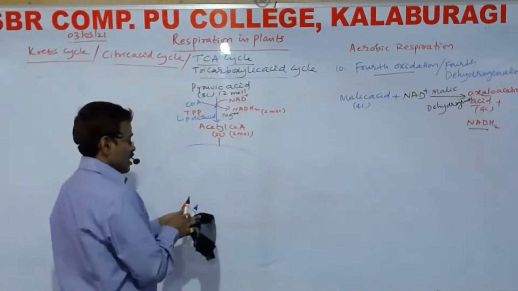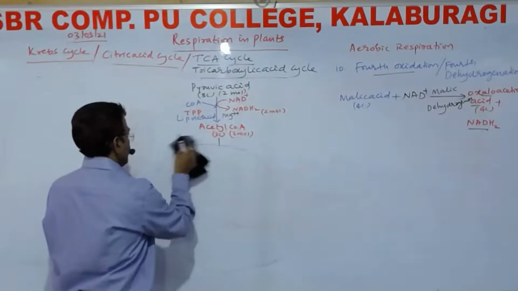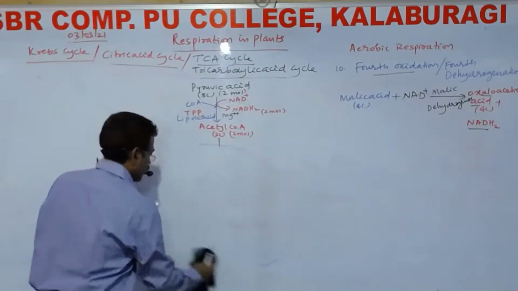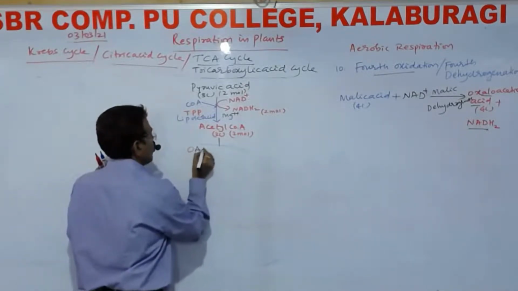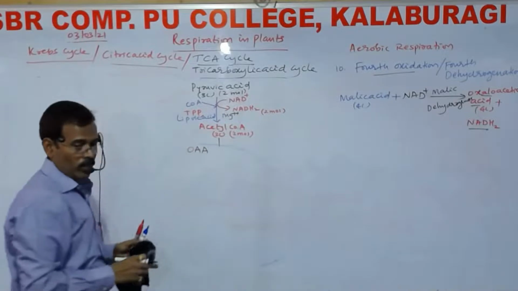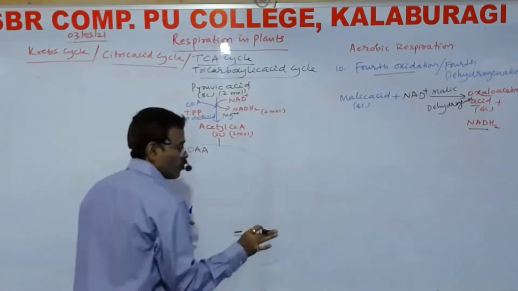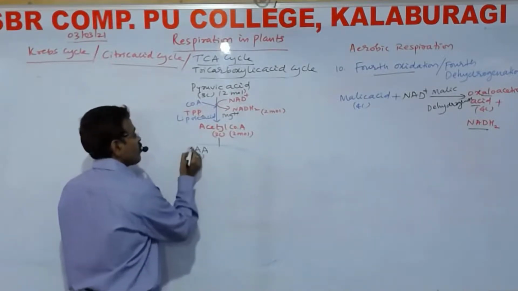Acetyl coenzyme is condensed with which one? It is going to condense with oxaloacetic acid. Write the full form, don't write abbreviations. I'm writing abbreviations, but you write the full form. Oxaloacetic acid, this is a 4 carbon compound.